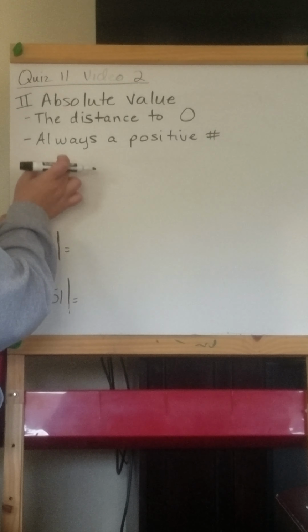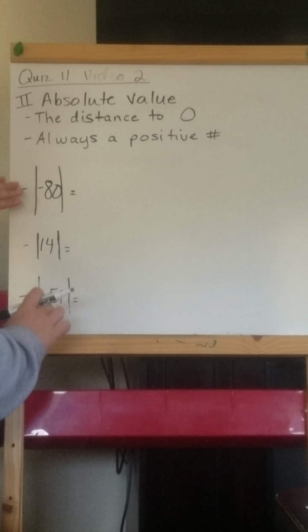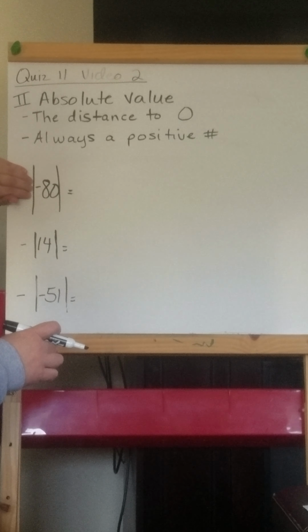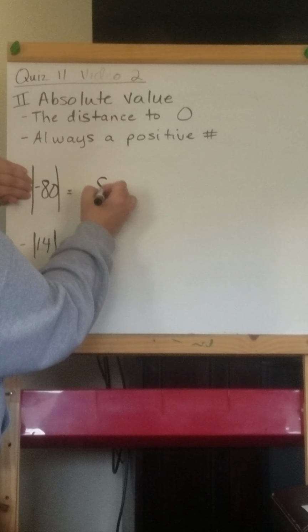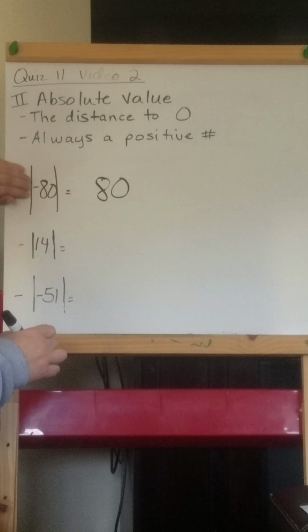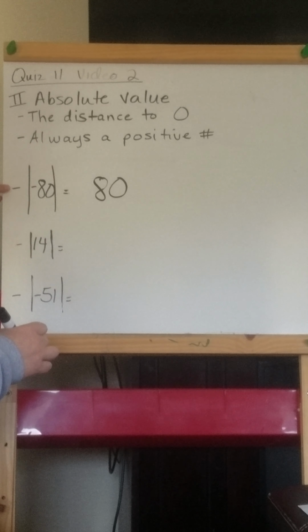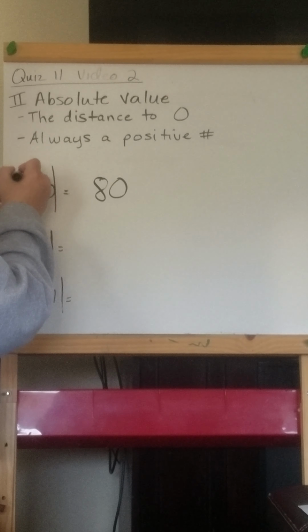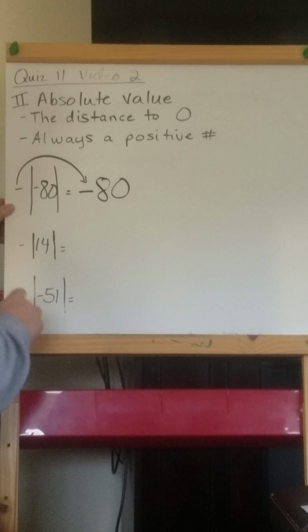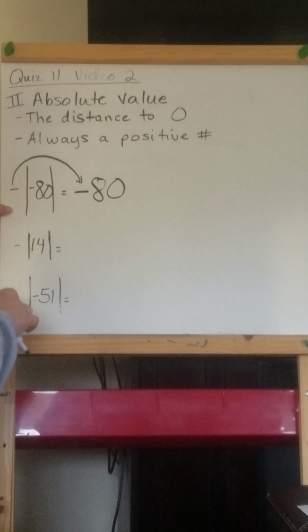So again, what do you do first? Find the absolute value. So ignore that minus sign. The absolute value of -80 is 80. That's how many steps away from 0 it is. But because it had a minus sign outside of the absolute value, your answer is -80.